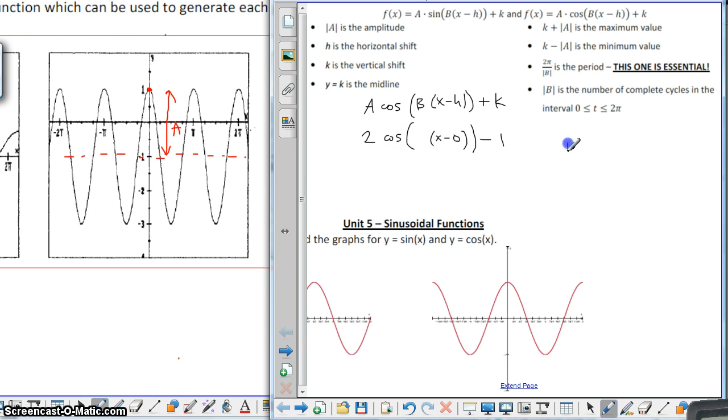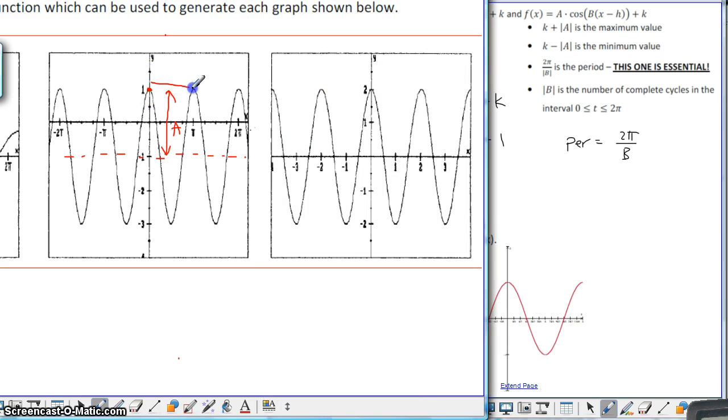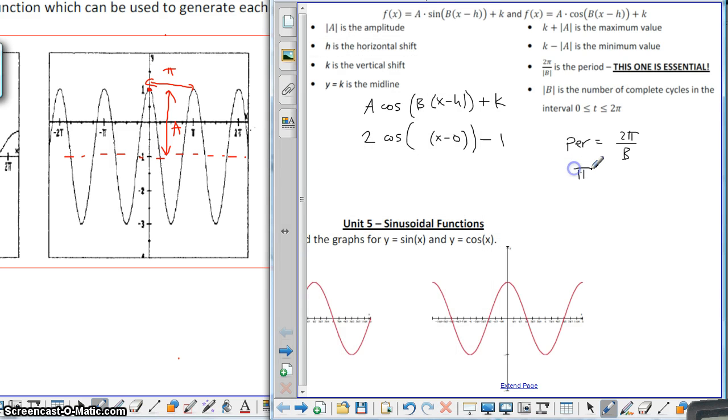So there's two ways of figuring out B. One way is I could do period equals 2 pi over B. Since I just saw that the period from here to here is pi, I can put pi here and then multiply by B and divide by pi. So I have 2.